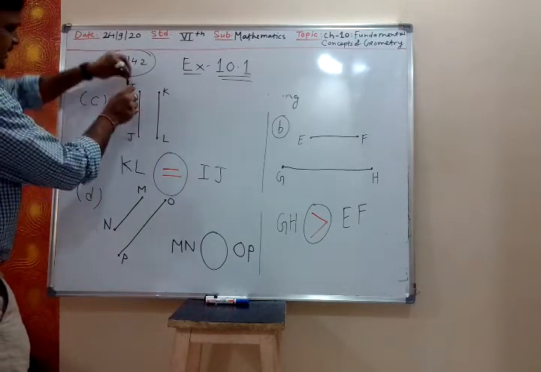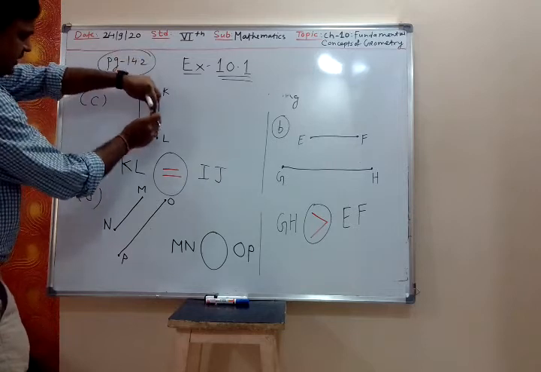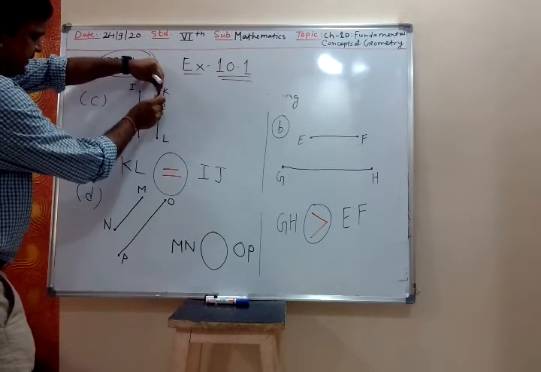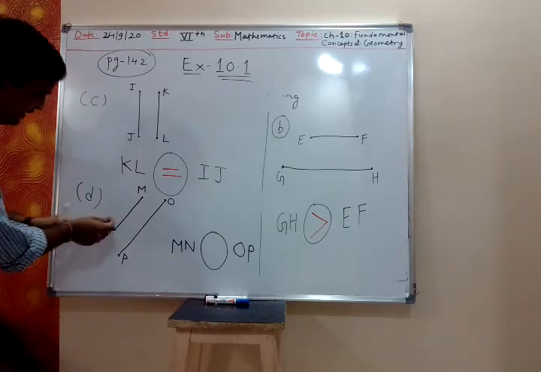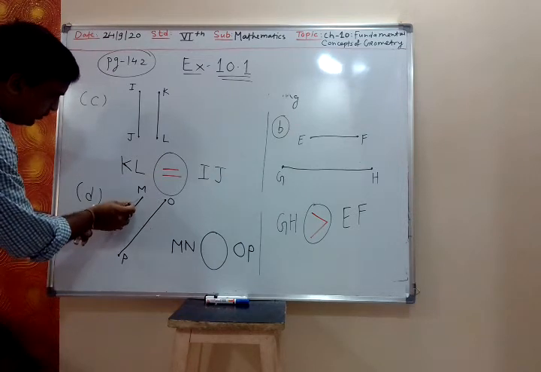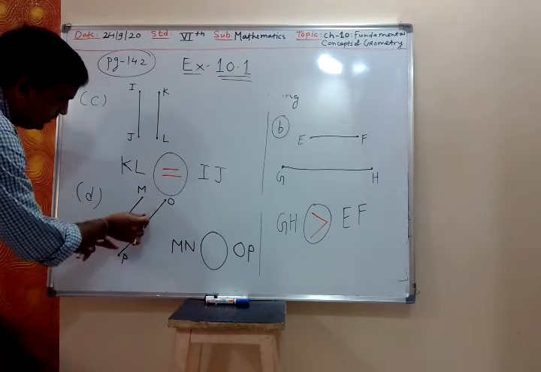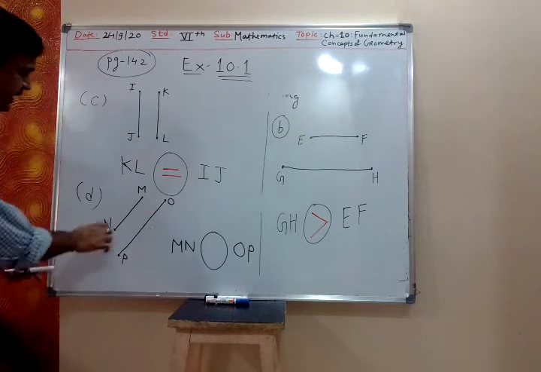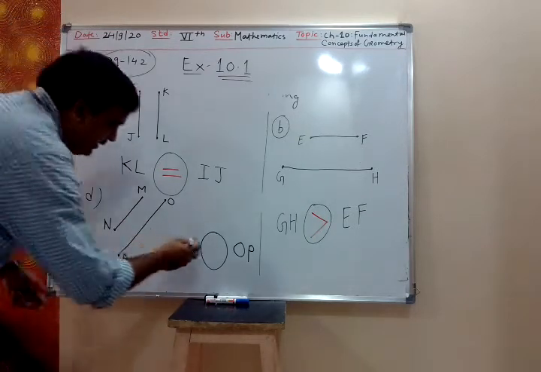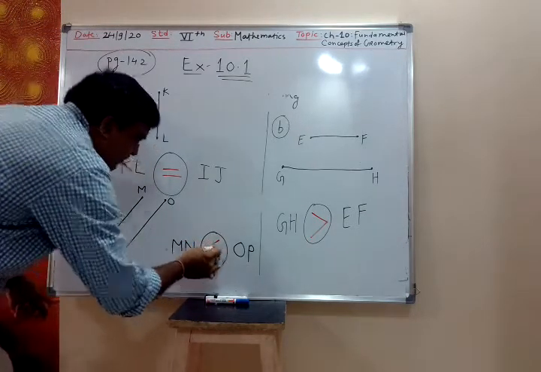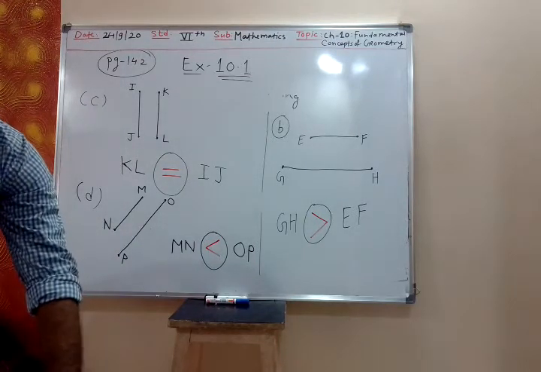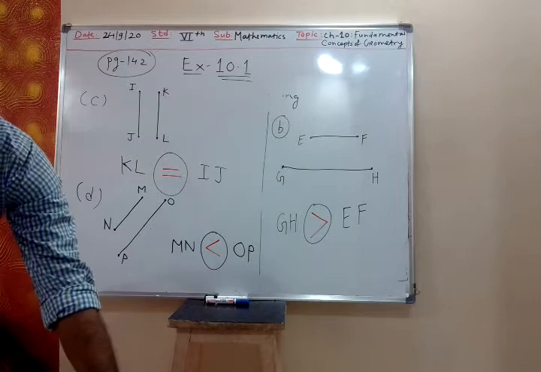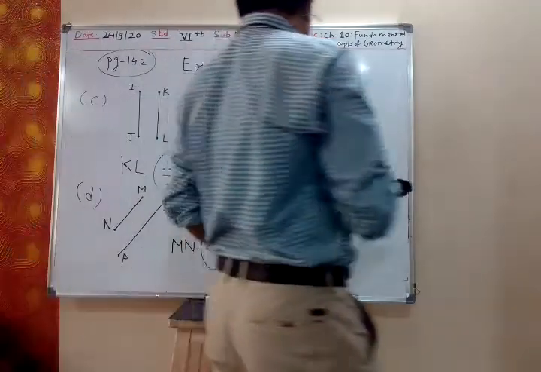This much length, then this much length, then this much length plus this much length. You will come to know that MN is less than OP. OP is bigger. MN is less than OP.